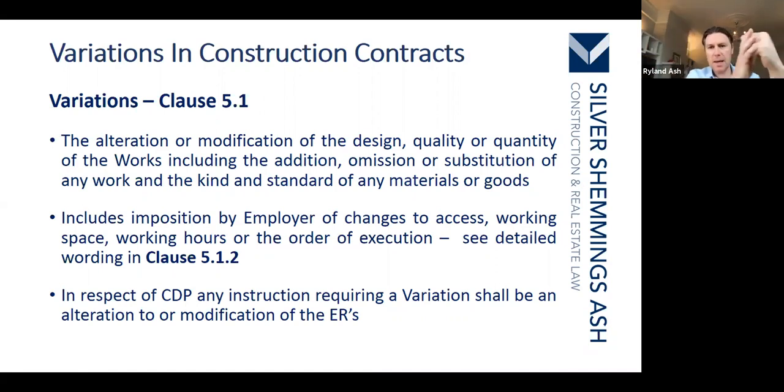This is where I'm thinking of coronavirus: change to access, working space, working hours, or the order of execution. And, you know, with new public health recommendations and regulations, you can see how those provisions could be relevant. But look at the detailed wording and then apply it to your situation. By all means, take advice or send me an email, give me a call.